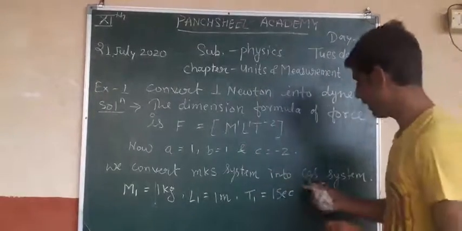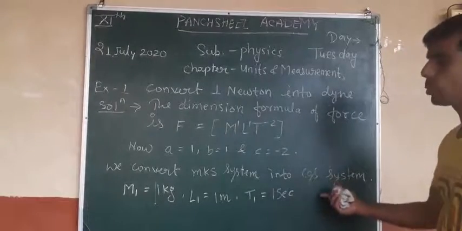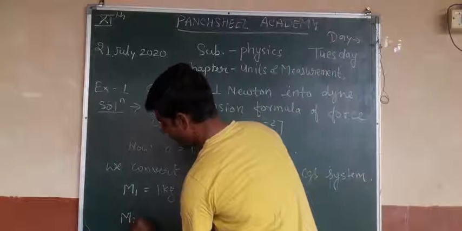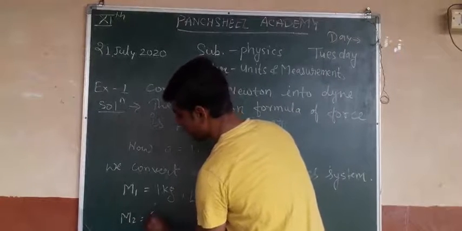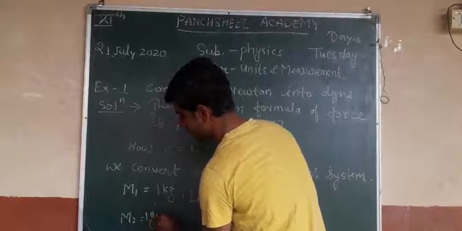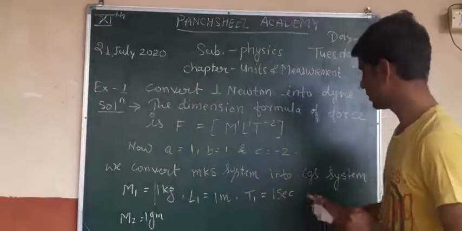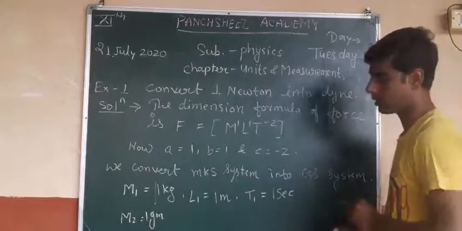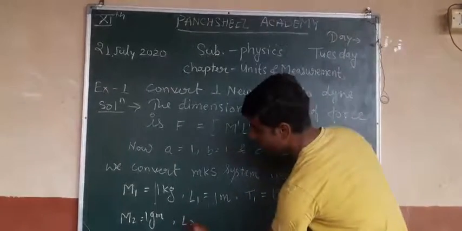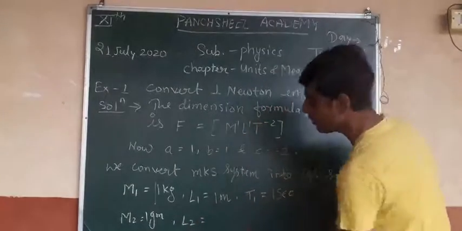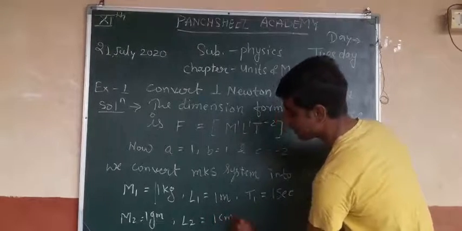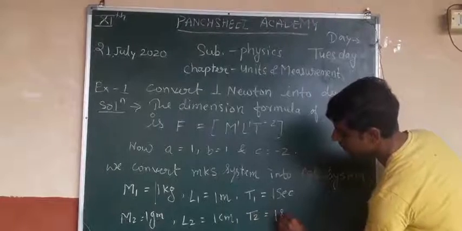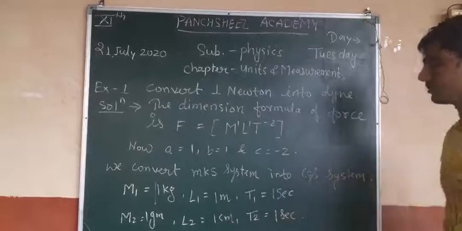Okay. And in another system, that is the U2, what is M2? M2 is 1 gram, because second system of unit is CGS. L2 equal to 1 centimeter. And what is T2? T2 is 1 second.